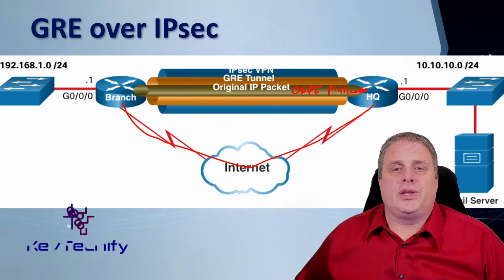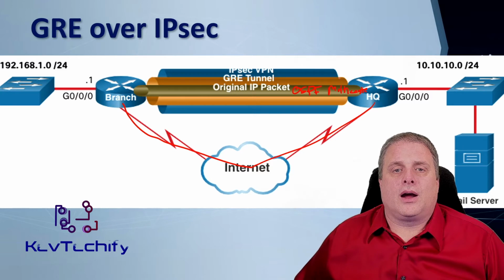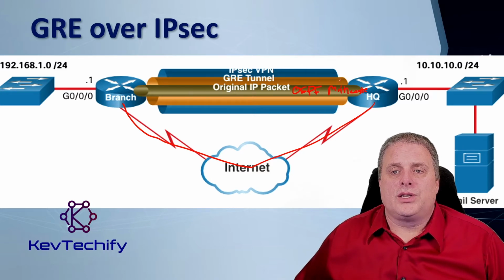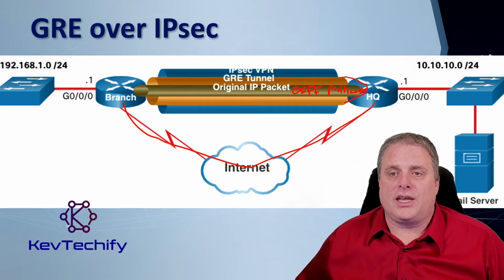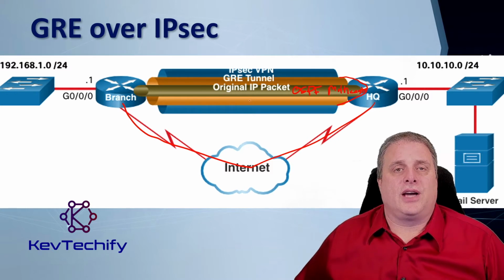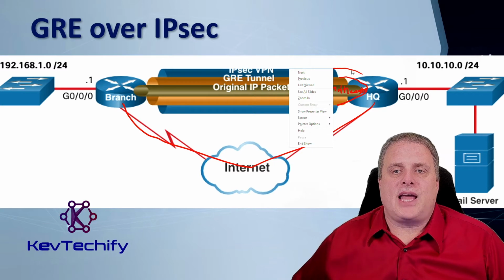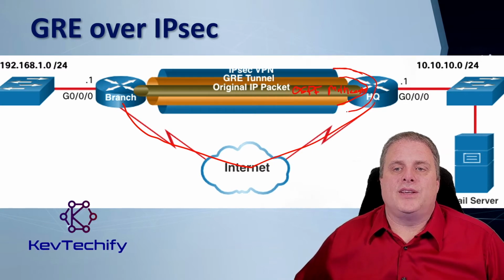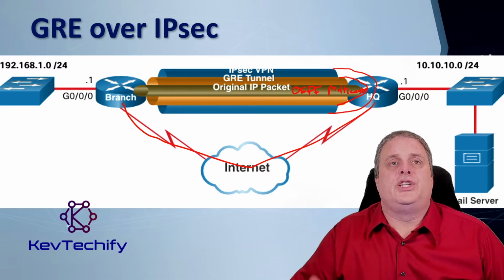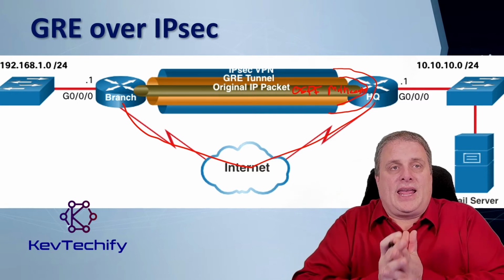And what we do is we take our OSPF original IP packet, this multicast here, and we wrap it in the GRE tunnel. Now we're able to route our updates across the internet. But these updates, because it's GRE, are not encrypted, and that's where we have to put the IPsec around the GRE, and now that encapsulates it.